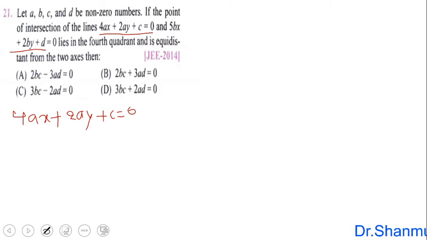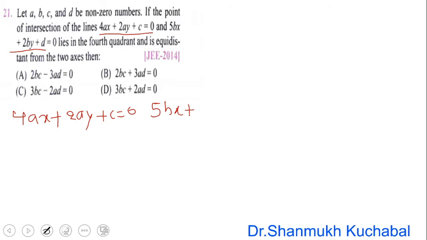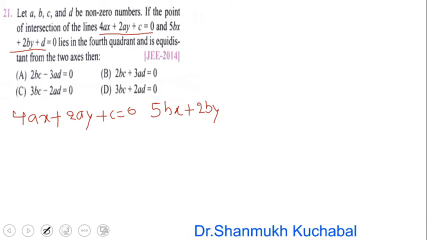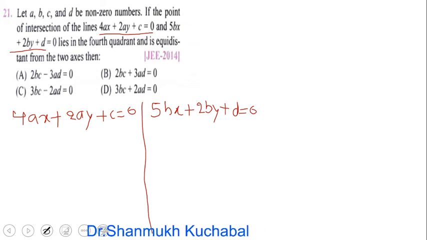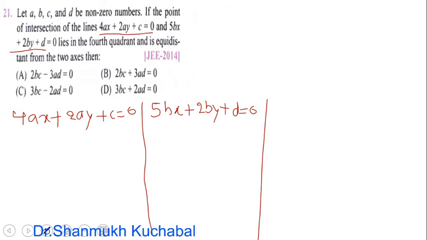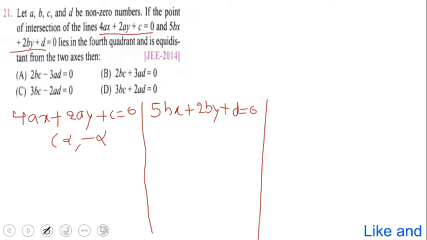One more we have: 5bx plus 2by plus d equal to 0. Further, in these two equations, the point lies in the fourth quadrant, equidistant from the two axes. So I take this as alpha comma minus alpha.